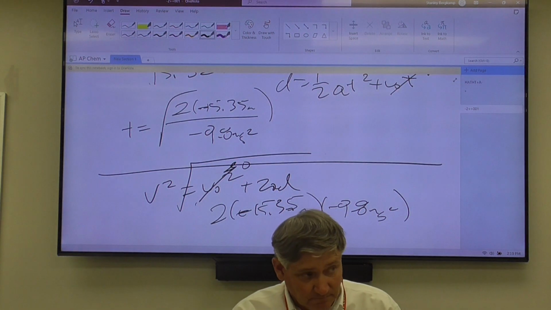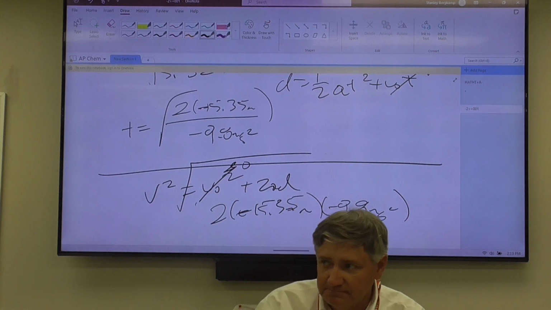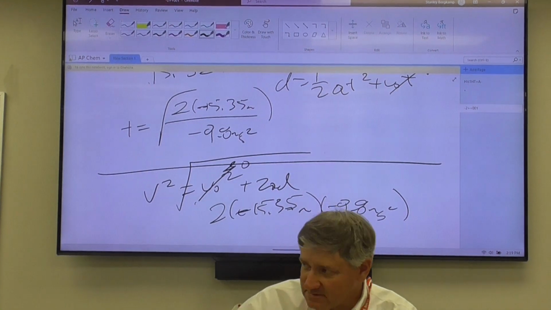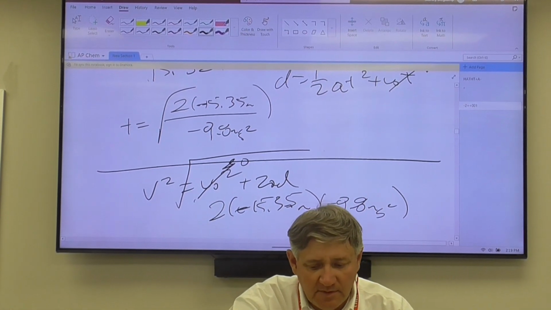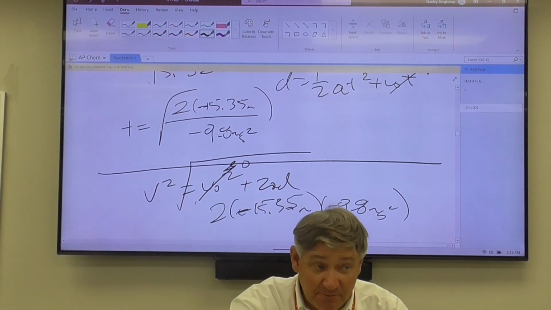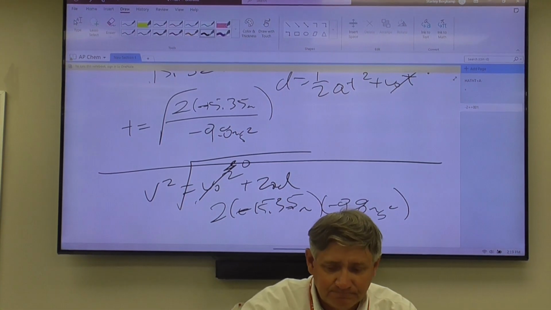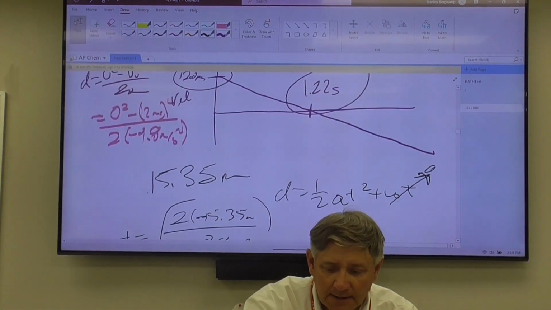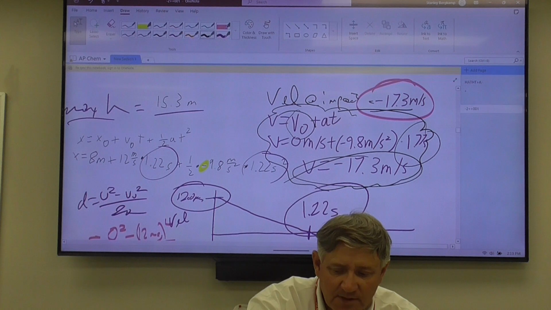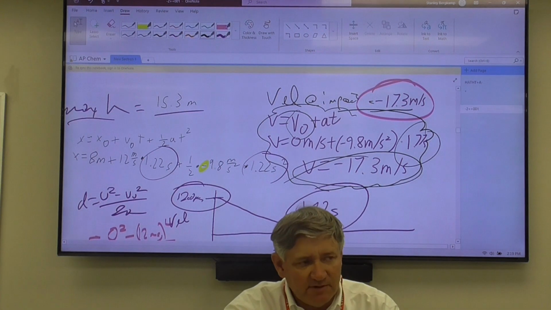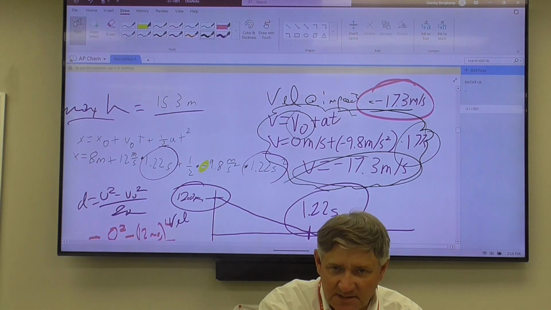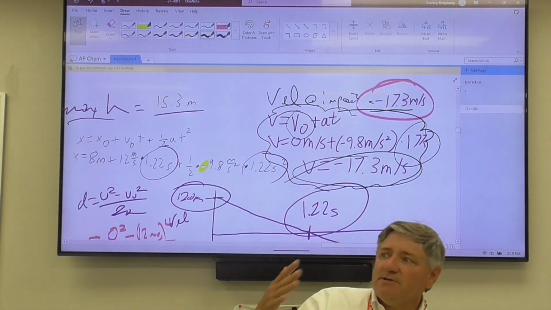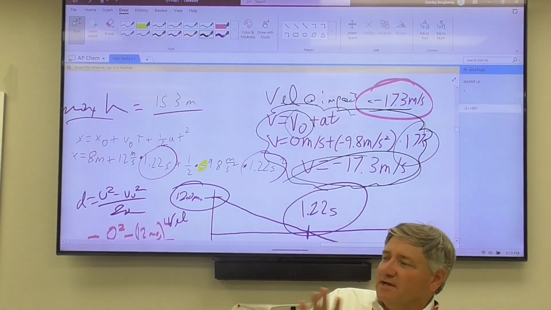But what are you going to have to do? Make it negative, because it's going down at that point. So, this isn't bad. This is what I would do if it were me. The advantage of that one is that it automatically generates a negative answer for your velocity. It makes no difference, okay? Literally, that's what I'm telling you.